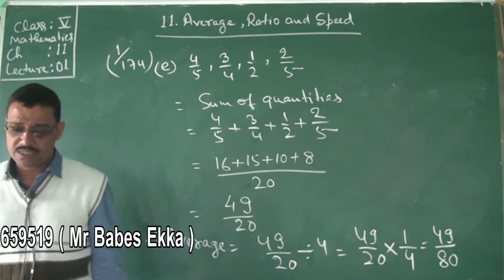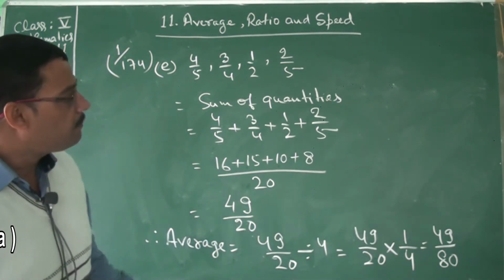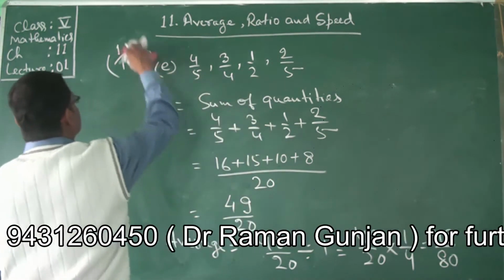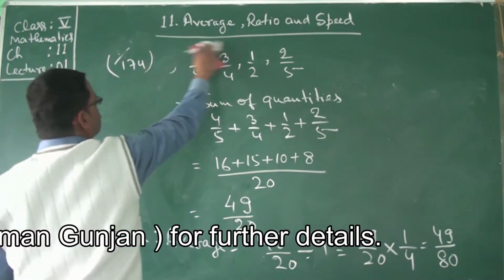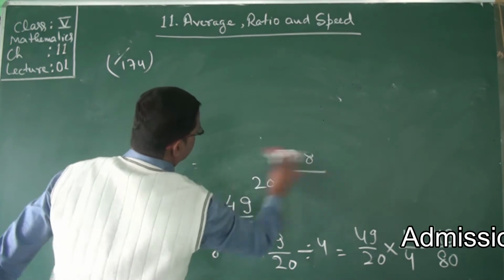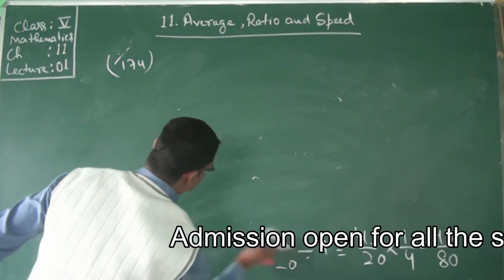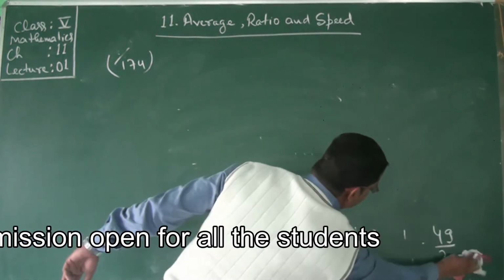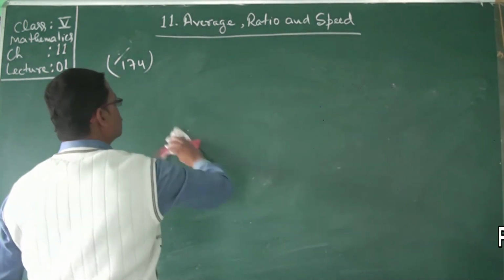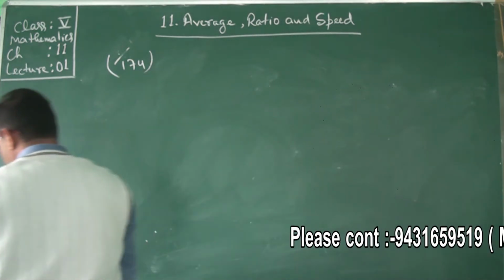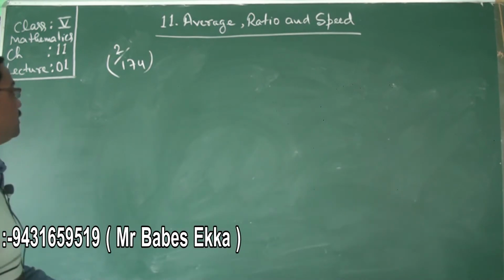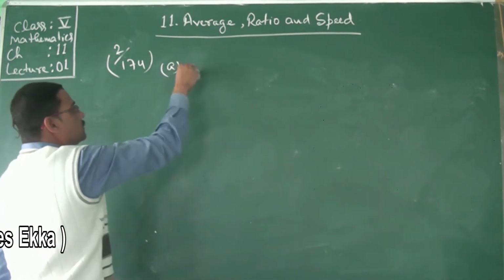Come to the two number sum. Find the average of the first 4 prime numbers. Look at the two number sum, A number.